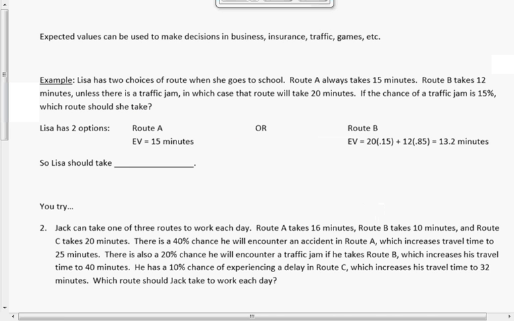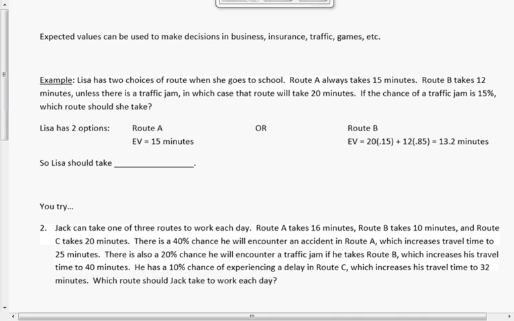So when we start working on application with these, meaning word problems, where is this going to show up? Most of us are not going to be just rolling random 6-sided dice all the time and trying to figure out the expected value. A great place is when you're talking about traffic and what is the best route to take, for games and things like that. Is this a fair game?